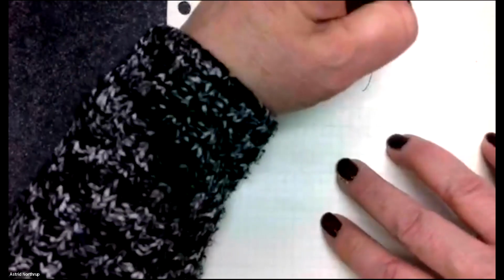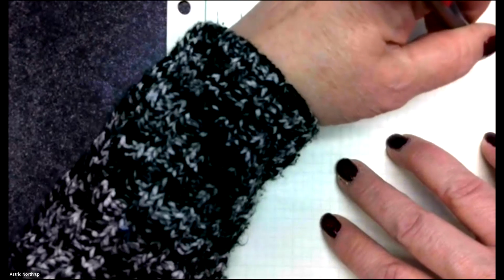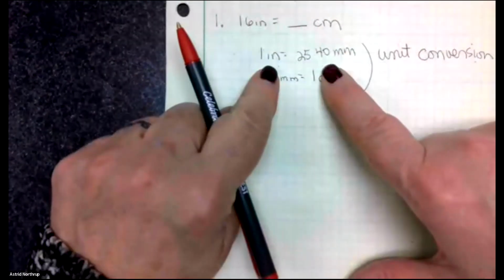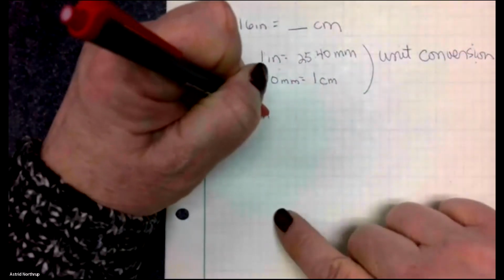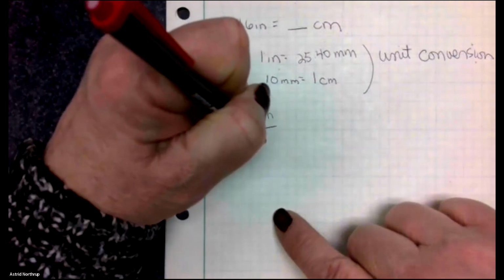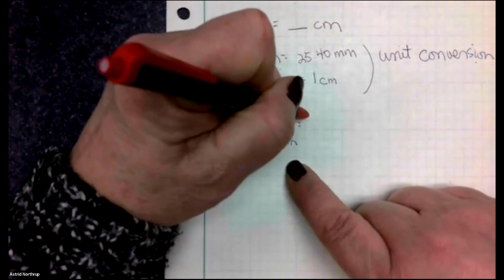So how does this work? Well, when we talk about a unit conversion, what we mean is something that is equal to 1. So if 1 inch is exactly the same amount of length as 25.40 millimeters, that means that 1 inch over 25.40 millimeters, because these are the same amount, is equal to 1.